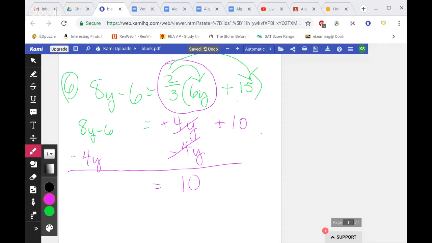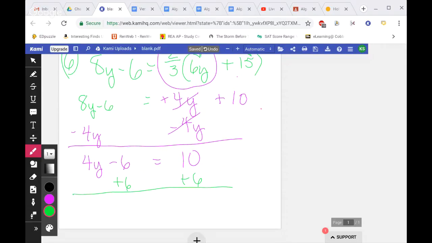Okay, and that leaves me a 10. Over on the left side of the equation, I have 8y minus 4y, so that's 4y minus 6. Now I want to add 6 to both sides so that I can get my variable all by itself.